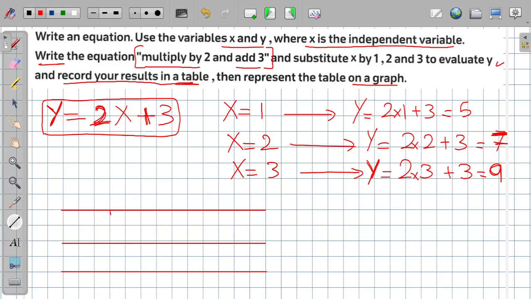And I will make the table first for x and y. So this is the value of x and this is the value of y.